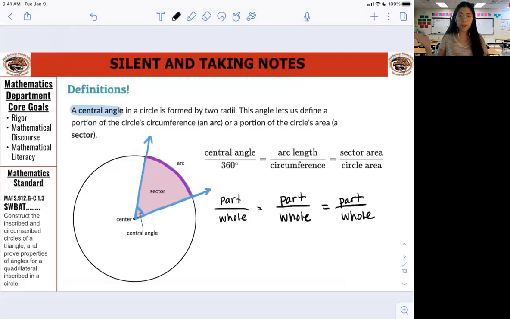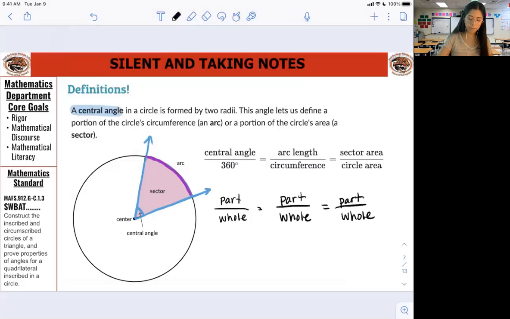So all 3 of these ratios will be equal to each other. And that's going to be very helpful if we ever need to find a missing value of either the angle or the sector or the arc.